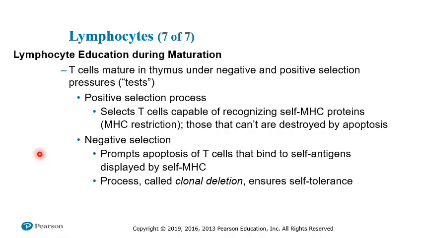If the T cells cannot recognize the self, right there they are going to be destroyed by apoptosis in the thymus gland. So when the T cells emerge out of the thymus gland, you know that they have already undergone the positive selection process.